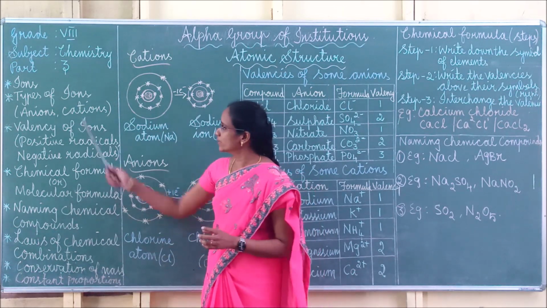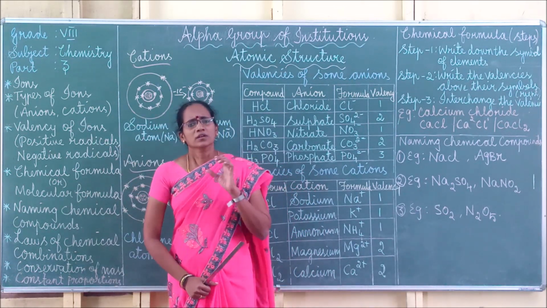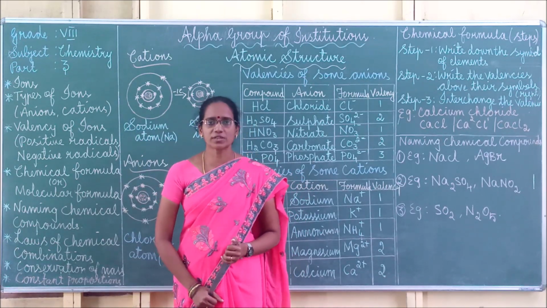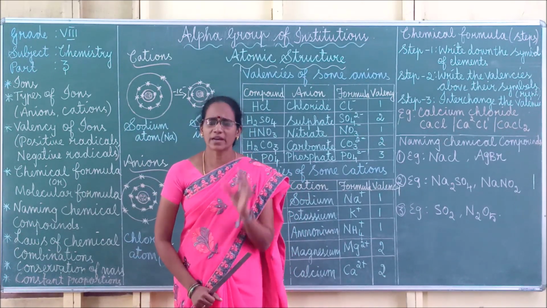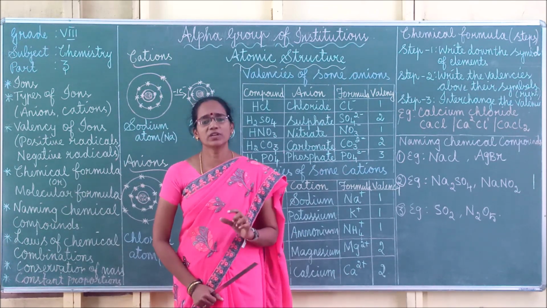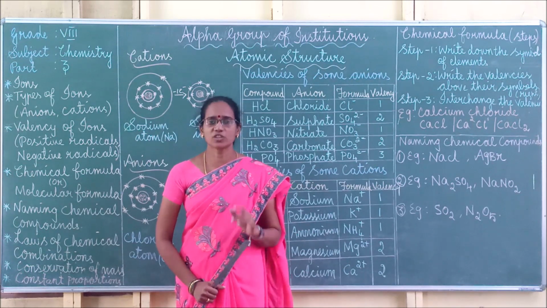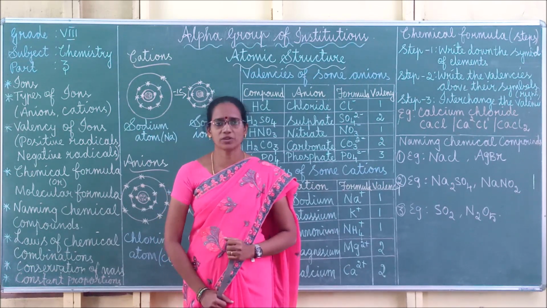First, let me move to ions. You know very well an atom is electrically neutral because the number of protons and the number of electrons are equal. Hence, an atom is electrically neutral.